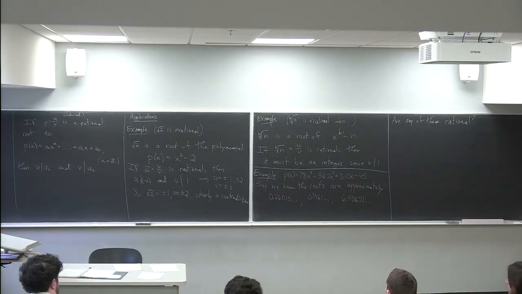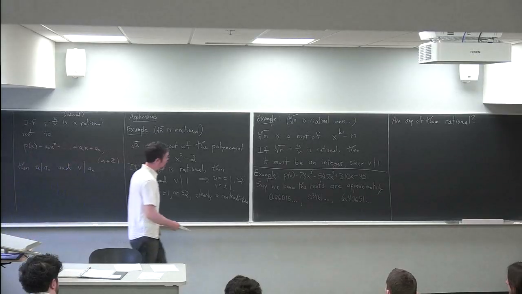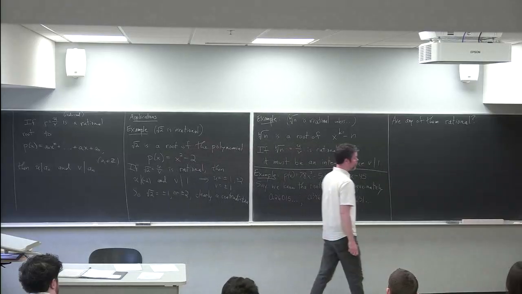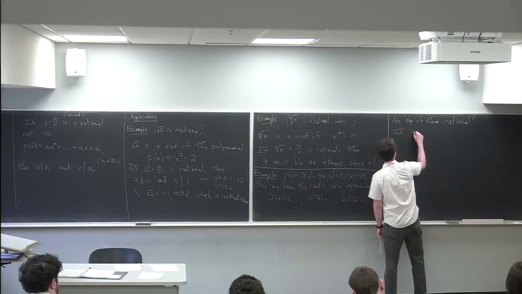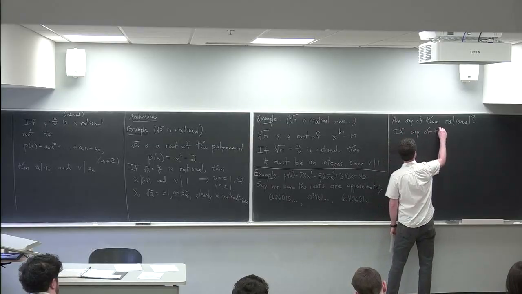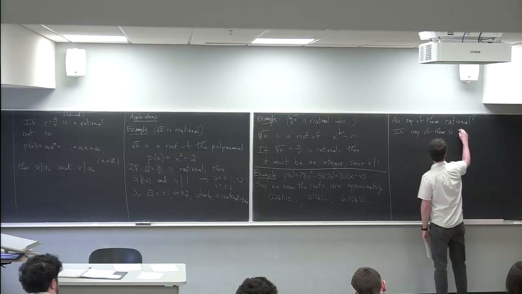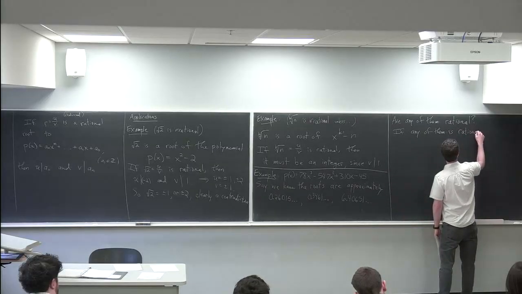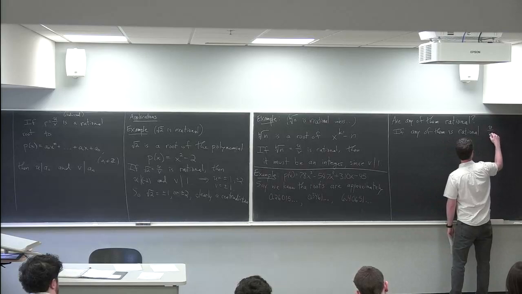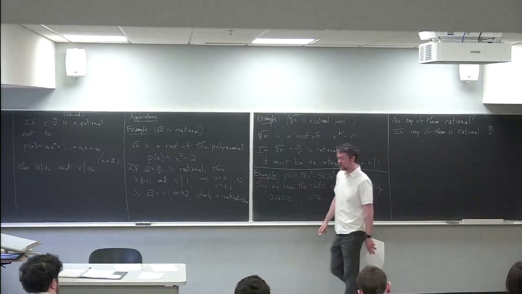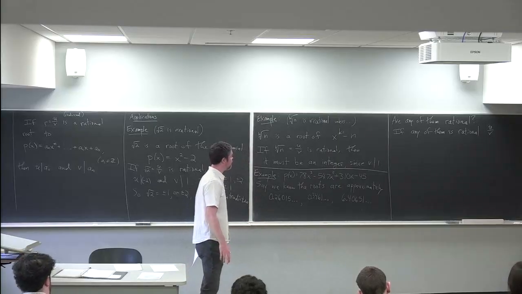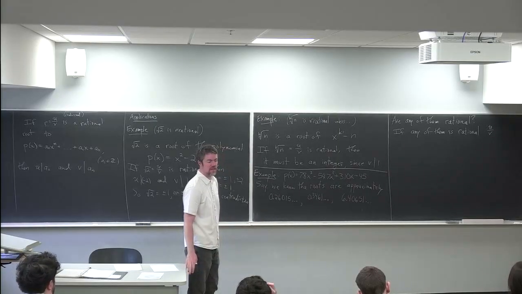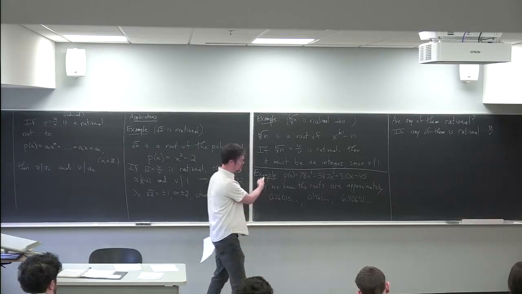So here's a nice little trick. If any of them is rational, that would mean it looks like u over v, and what that would mean by the rational root theorem is that v is a divisor of 78.